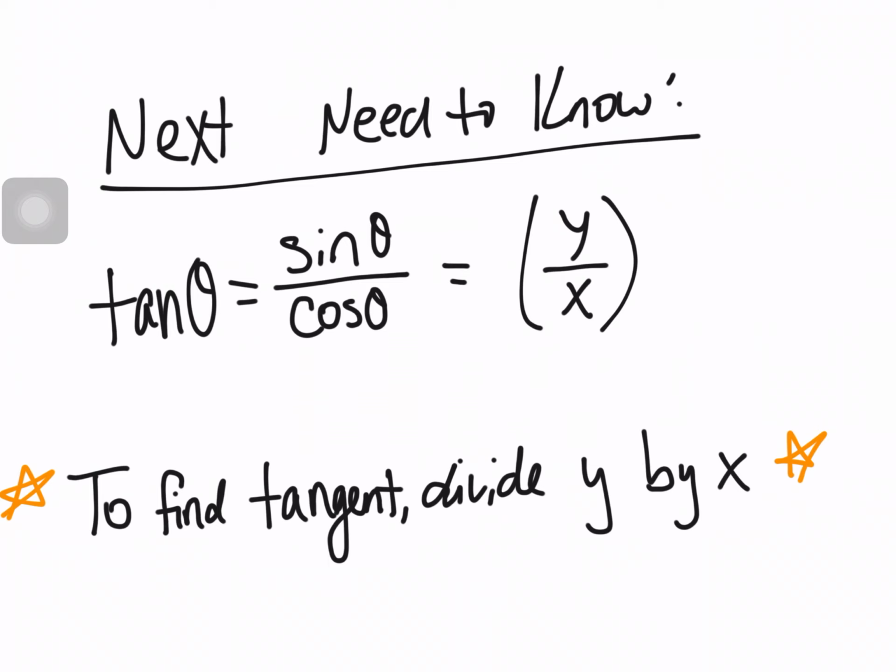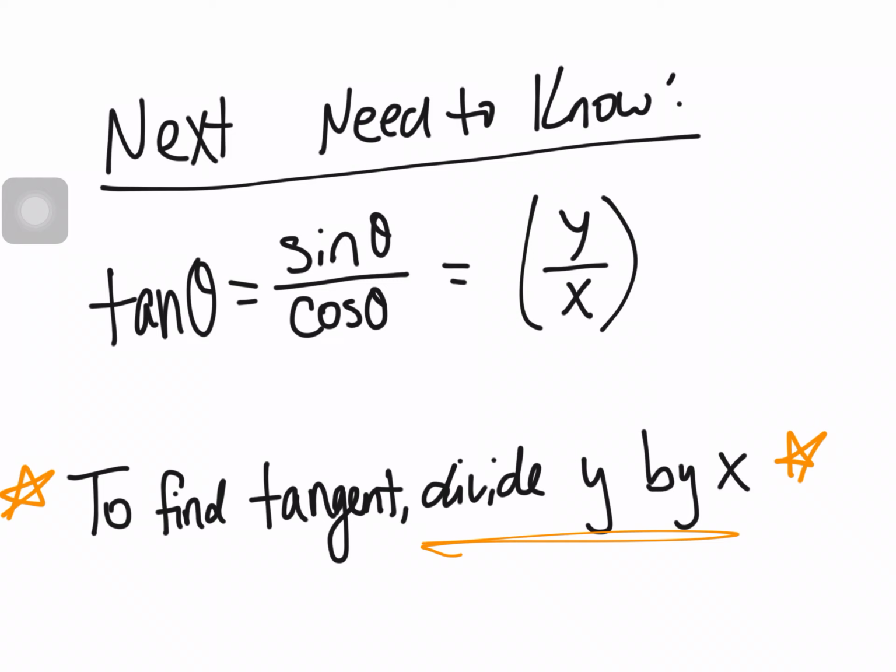Okay? Here's how I keep it straight. X, then y, that's in alphabetical order. C, then S, that's alphabetical order as well. So cosine comes before sine in the alphabet. That's why cosine matches with x and sine matches with y.